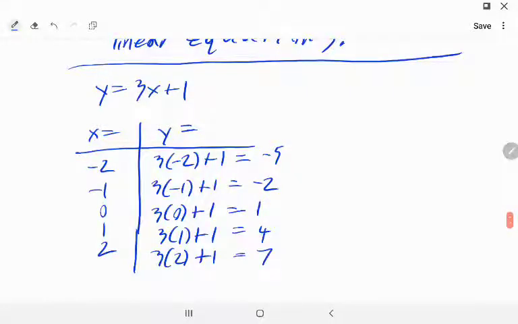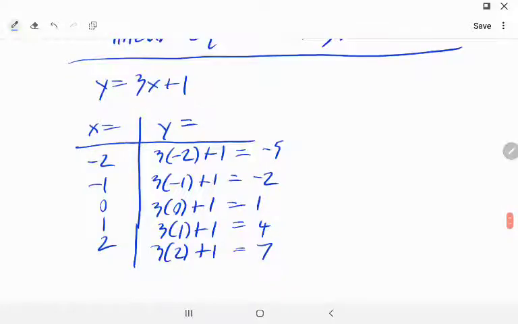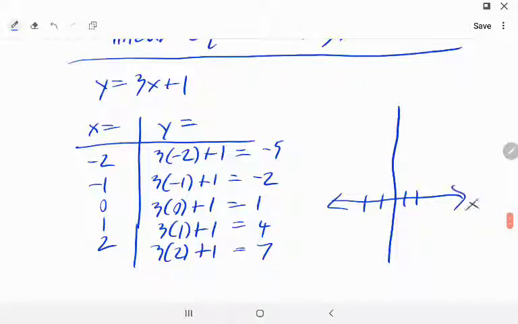That gives us 5 points. We can then graph those. Our x values go from negative 2 to positive 2, and our y values go from negative 5 to 7.